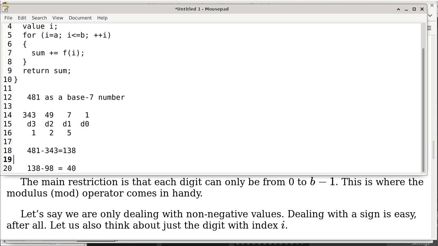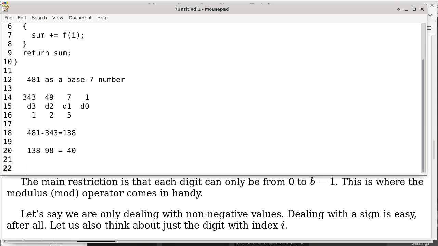So we got 5 of those, and then we subtract 5 times 7, which is 35 from 40, and that would give us 5. And now we have 5 left. So here we have it. Okay, the base 7 representation of what we know as 481 is 1255 in base 7.